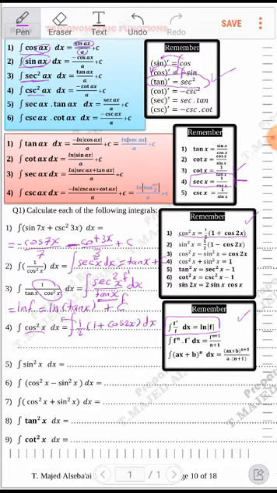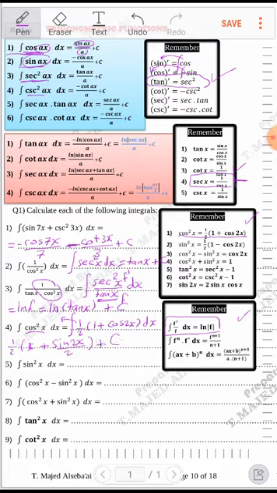Now take the half out because it's a constant, it's a number. Bracket. What is the integration of 1? It is x. It is x plus. What is the integration of cosine? It is here, the first rule. Cosine is sine, so it is sine 2x over 2 plus c.